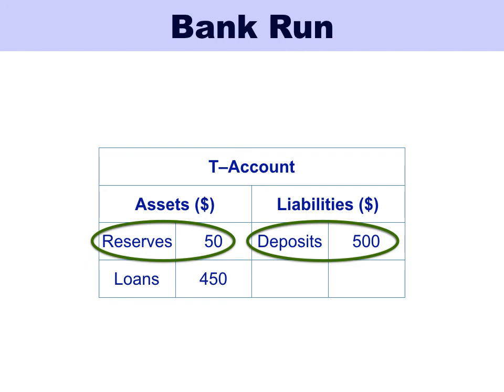So fractional reserve is able to work. But if there is some sort of crisis and people get scared, they might want to run to the bank and withdraw all of their deposits. Well, the banks don't have it. They only have $50.